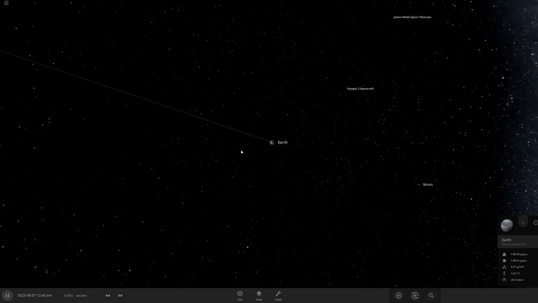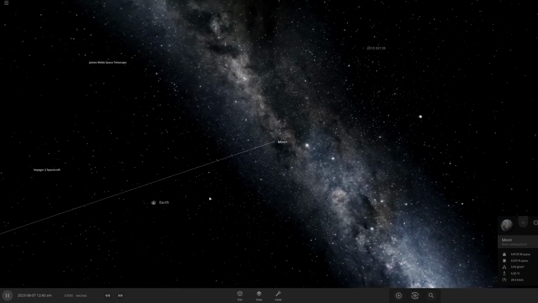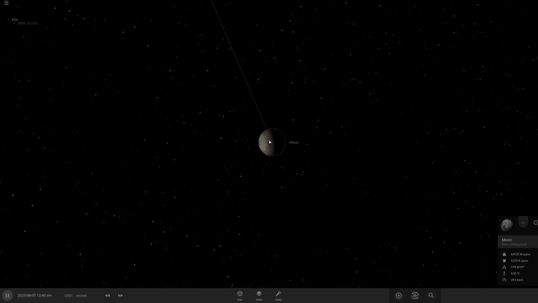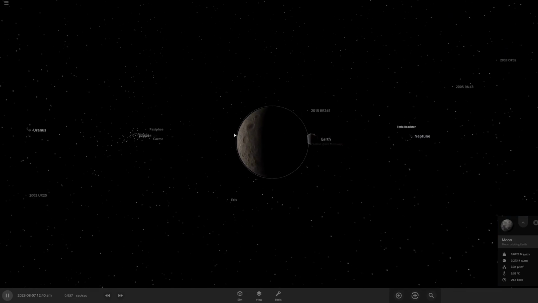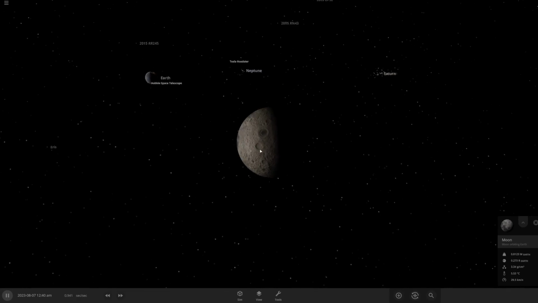Our closest neighbor in our solar system would be our moon. Earth's moon is the third largest moon in our solar system.